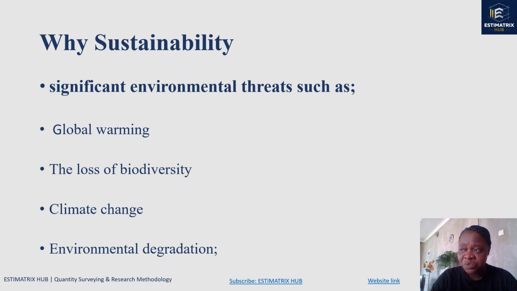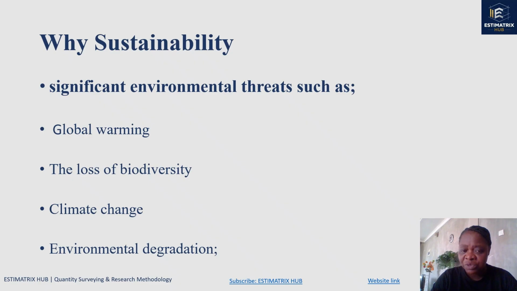Then another threat we have now is climate change. Climate change means long-term changes in the Earth's average pattern, e.g. temperature changes, rainfall changes, winds, and some other seasonal changes we see around us.